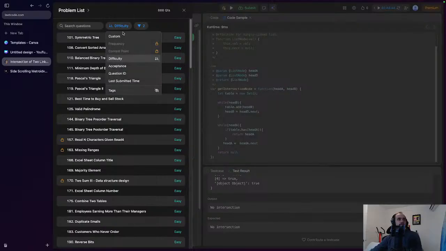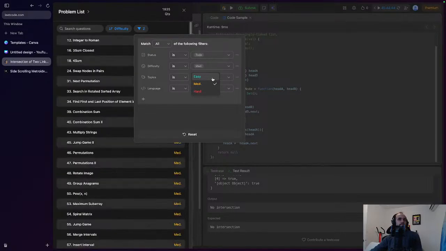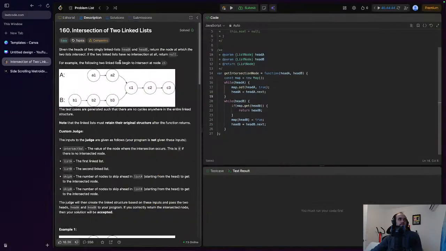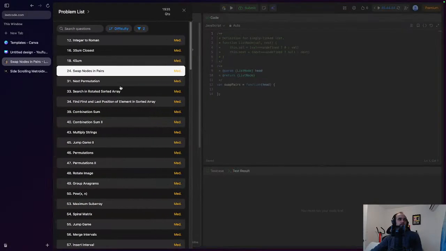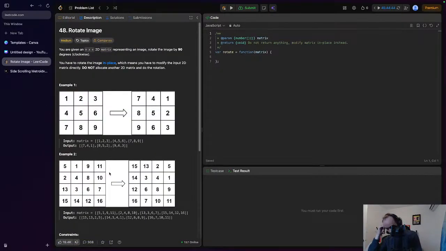Let's do a medium problem. It's not the one I wanted to pick. Maybe we could do rotate image. You're given an n times n 2D matrix representing an image.